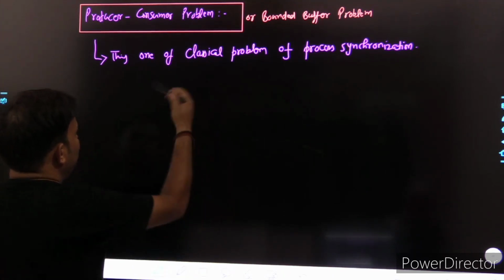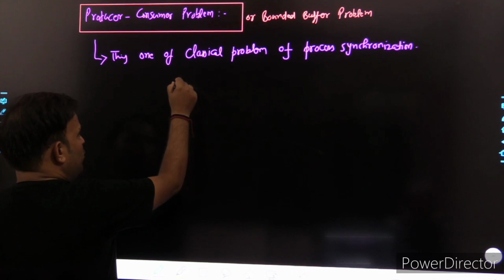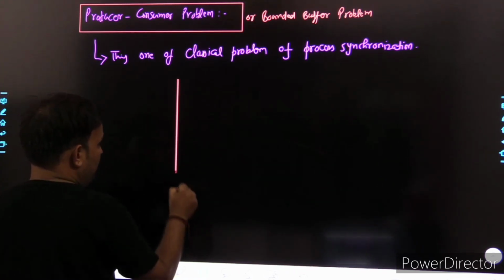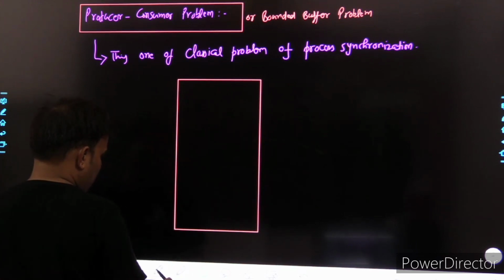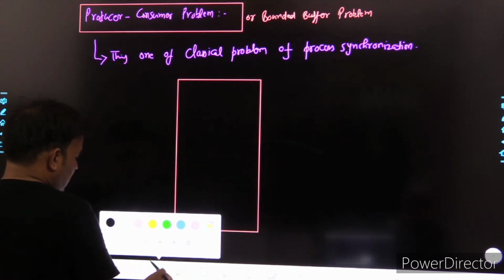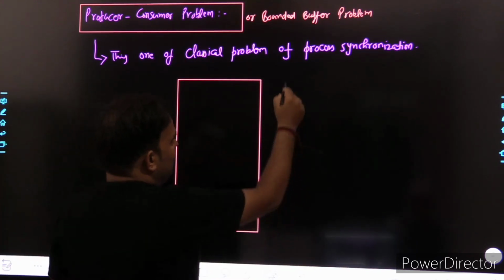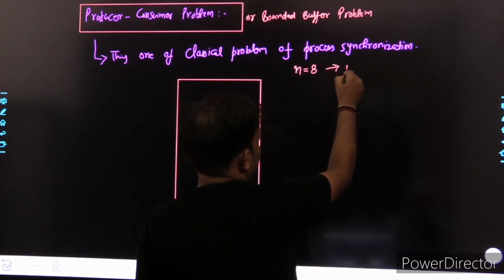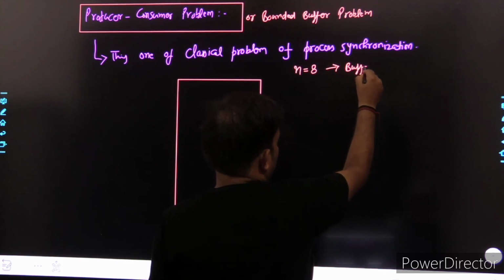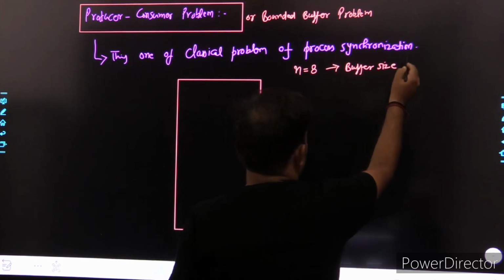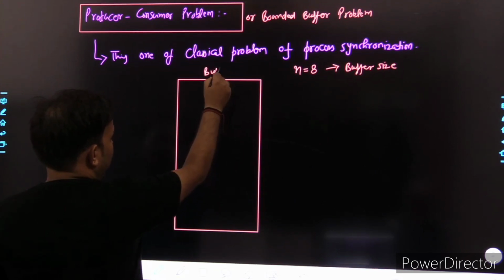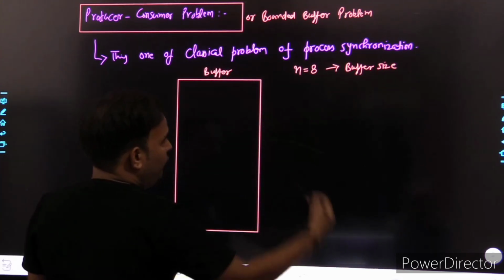So here both producer and consumer are using a buffer, a fixed size buffer. Suppose here I am taking the buffer size as 8. This is the buffer, and the buffer size is fixed, 8.